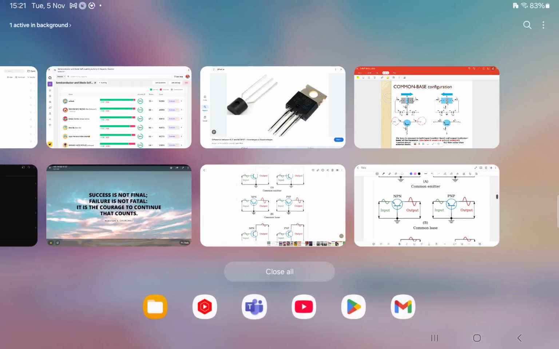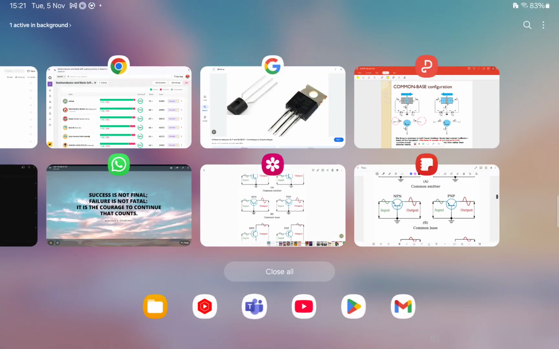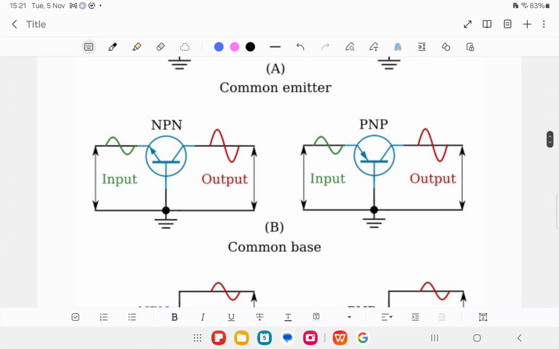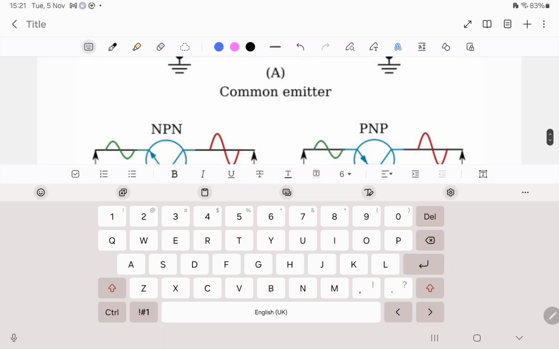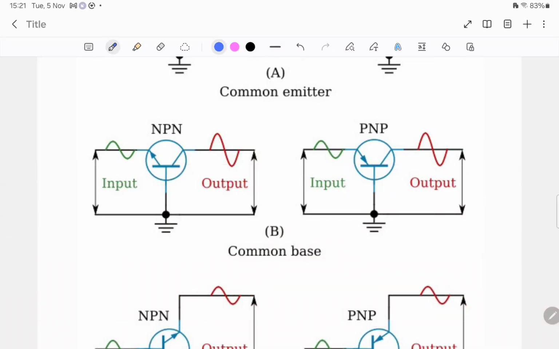I want to show this one rather than using this circuit, because this one is easier to see. Okay, so this is the input. This is the input, this is the output. Okay, the difference between NPN and PNP is just on this one here.